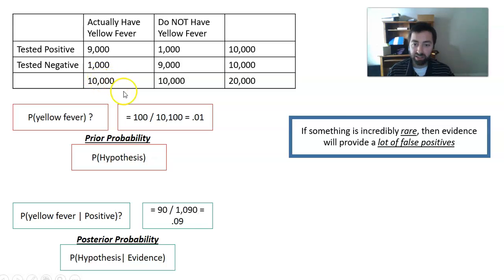But if the prior probability is really low, like it is right here, then even that good test can only help so much, because the prior probability was so low to begin with.